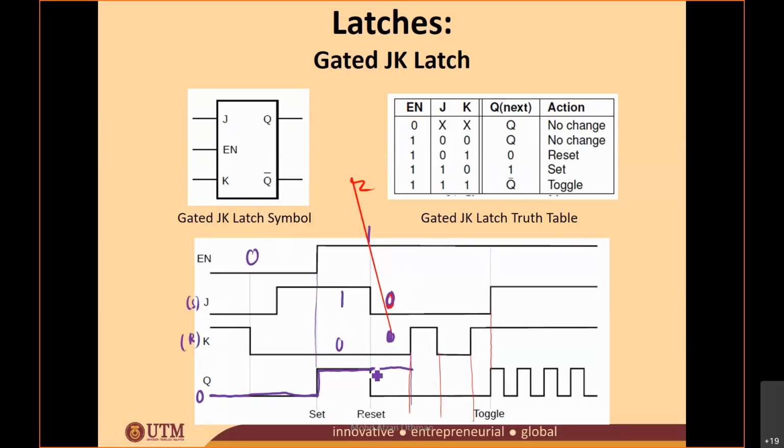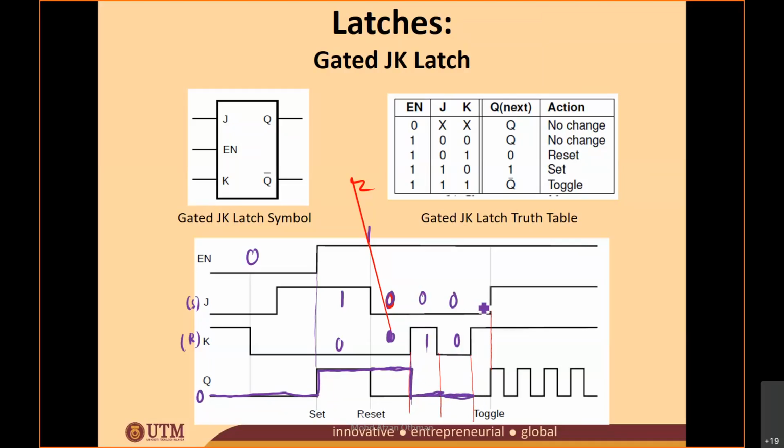So kamu punya tak berubah ya. Q kamu tak berubah, follow previous Q, which is previous Q is 1. And then this one here is 0, 1. Okay, what happen when 0, 1? Apa yang berlaku? Kamu nak reset, barulah dia jadi kosong. And then kosong kosong tak berubah.